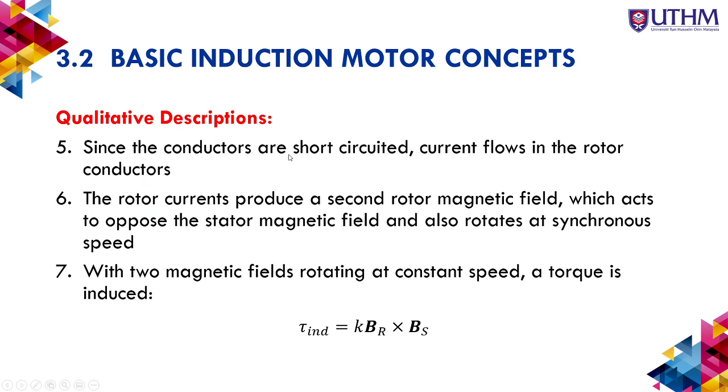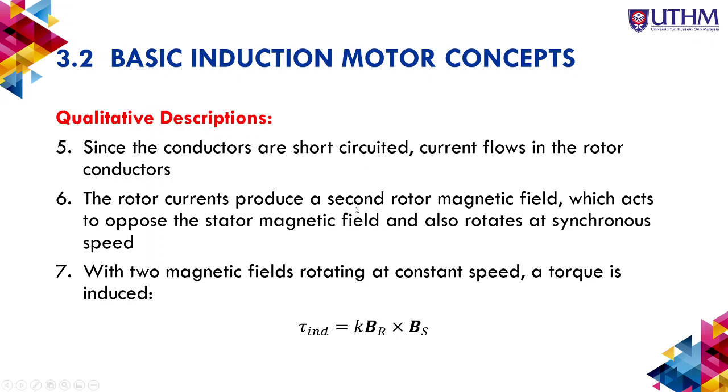When there is a short circuit, the current will flow. You can imagine it like a transformer: at the secondary part, when it is open circuit, there is no current flow. When the secondary part is short circuit, the current will flow. Same goes here. Current will flow in the rotor when there is a short circuit.